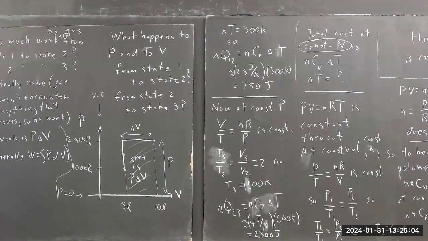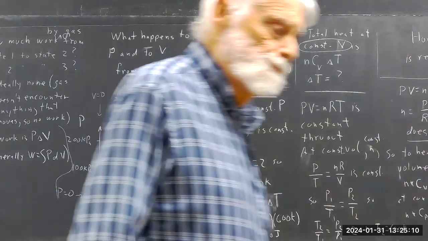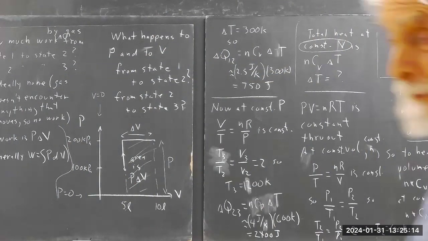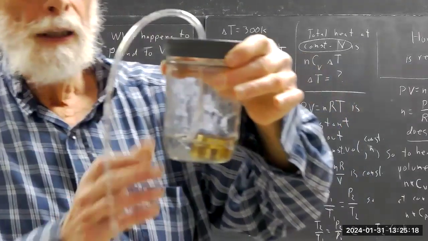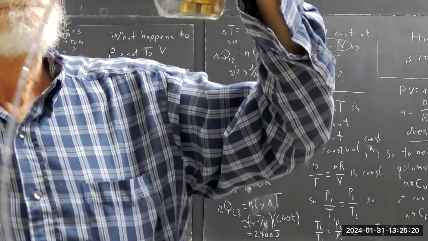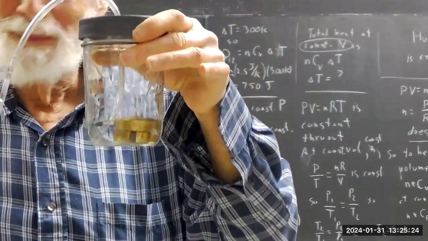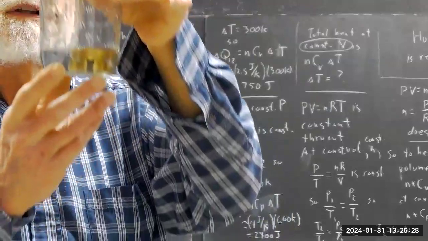Well, how does this relate to the system we looked at in lab? Let's put some numbers on this. I've got approximately 380, and that's just a number I pulled out, but actually, hold on.